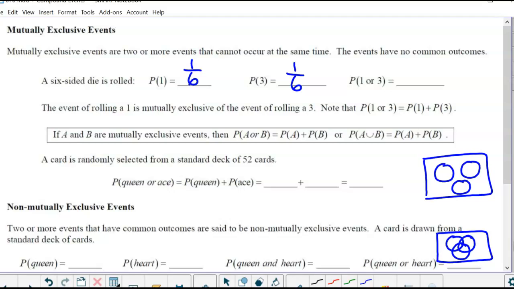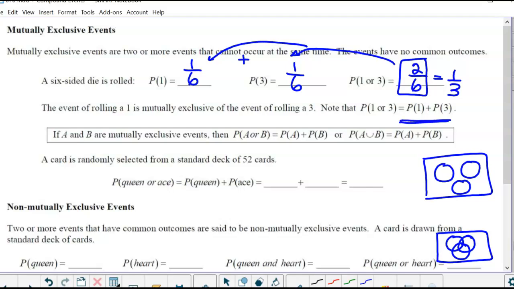So the probability of rolling a 1 or a 3 is going to be 2 out of 6. Could be a 1, could be a 3, so you have more chances of getting something. You have 2 out of 6, which reduces to 1/3. So basically, how do we get to 6? By adding these together.